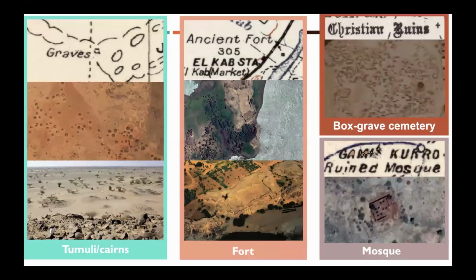The one in the middle as well, the ancient fort, that's how you see it on the historical map, and then in the middle the satellite imagery, and then that's how it looks from the ground. The same thing for the cemetery, the box grave cemetery, and the mosque.